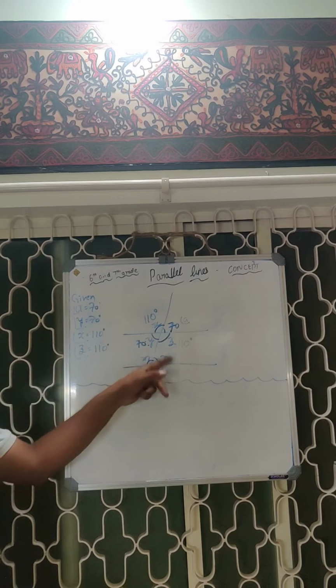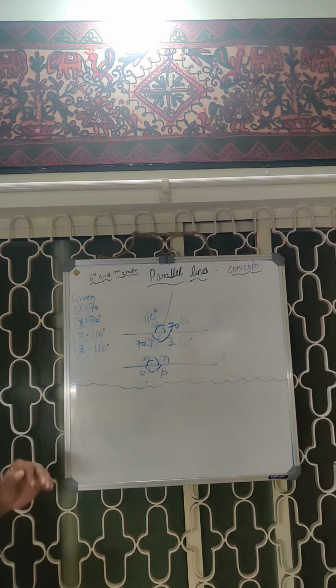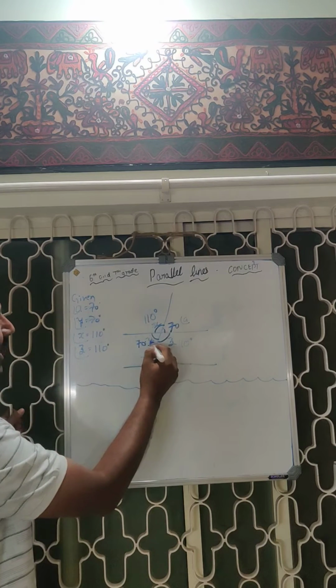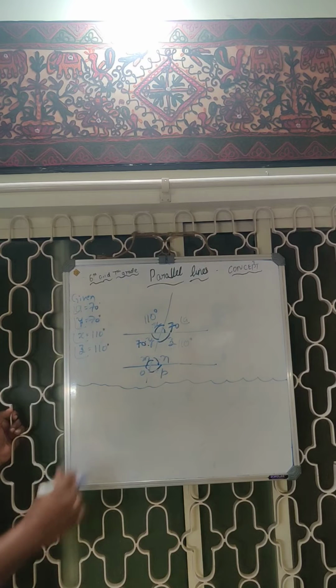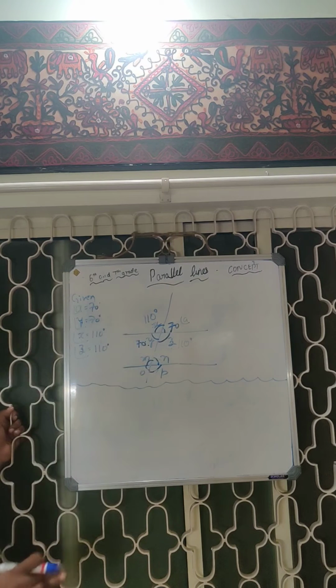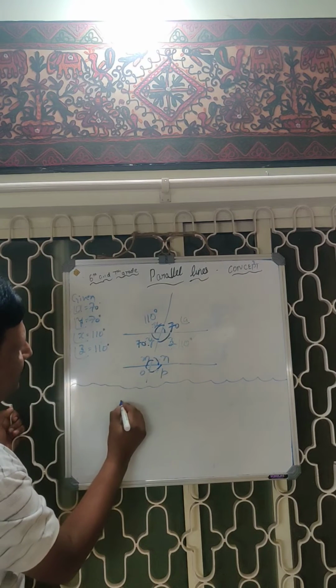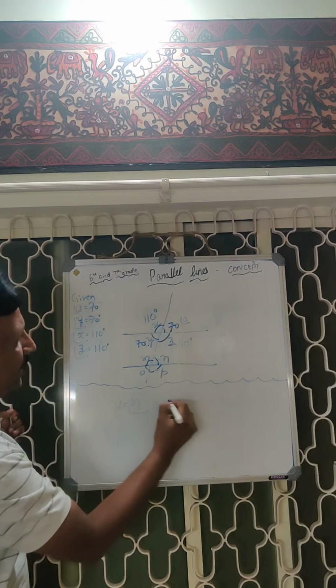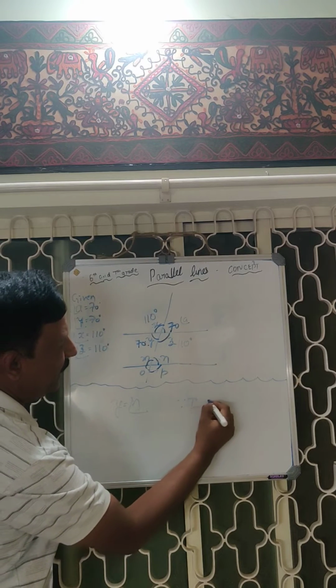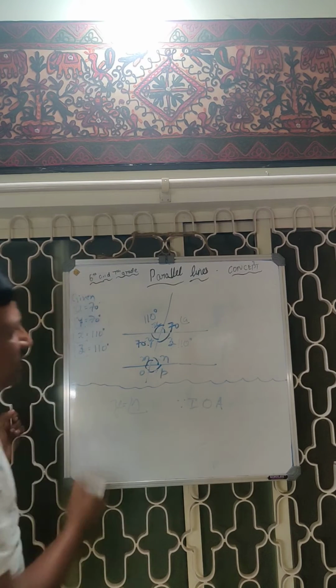Now coming to M, N, O, P angles. Y and n are interior opposite angles. So y is equal to n, because interior opposite angles.